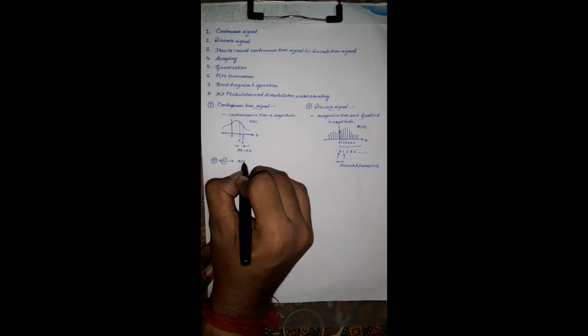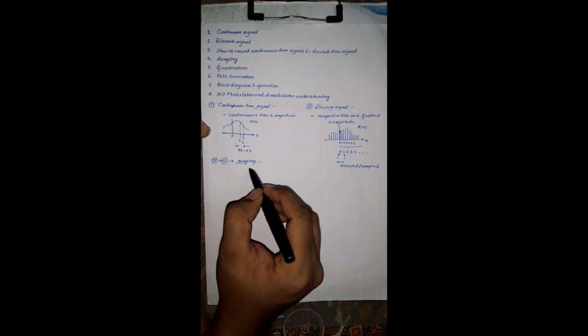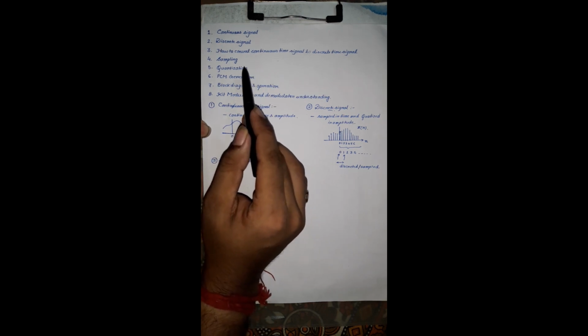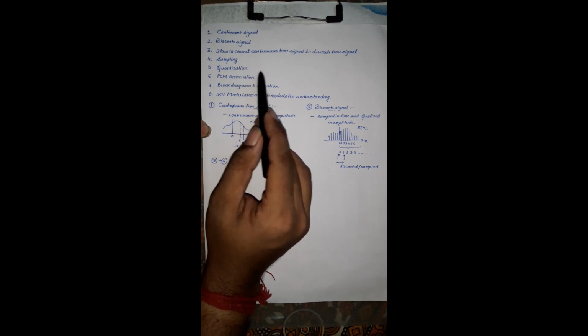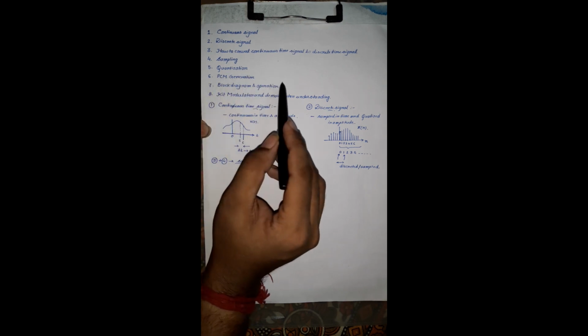Our main focus is how to sample a signal. This is the main vital topic of today's lesson. Because if you don't know sampling, you can't do quantization, and if you don't do quantization, you can't determine values. If you can't determine values, then you won't be able to generate the PCM.